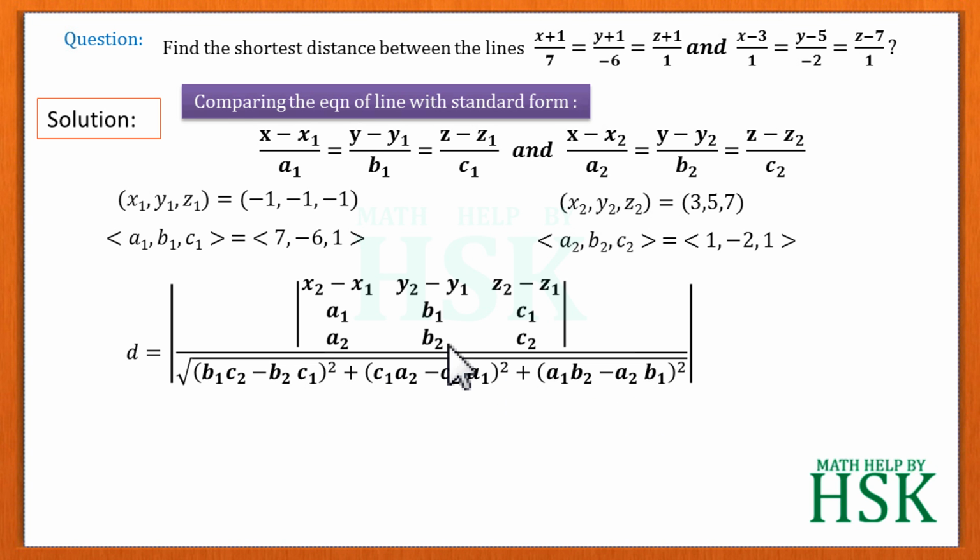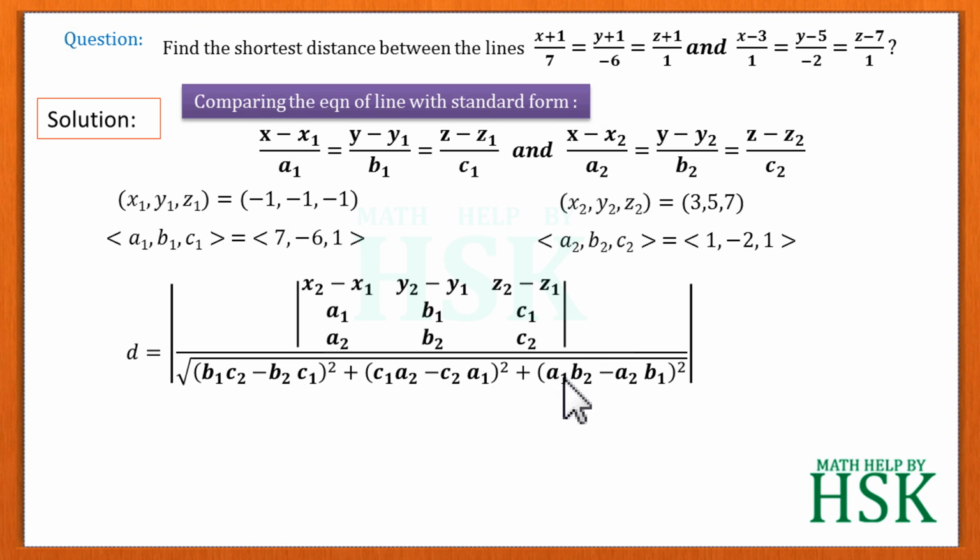This formula is not very difficult to remember because you only have to remember that in the first row we have the difference of the coordinates of the points which lie on the respective lines, and a1, b1, c1 are the direction ratios of the first line, a2, b2, c2 the direction ratios of the second line.